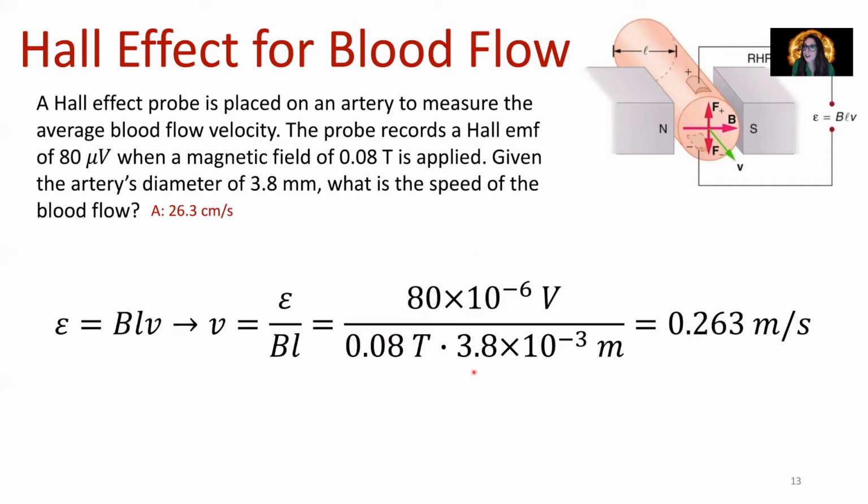We take that operation in our calculator and we find that the speed of the blood flow inside our artery, by applying the magnetic field and measuring the potential difference across the artery because of those charge carriers, which is our blood, is 0.263 meters per second, or 26.3 centimeters per second. And yes, a similar thing is done to measure blood flow in different arteries or veins in our body, so doctors can better diagnose conditions.